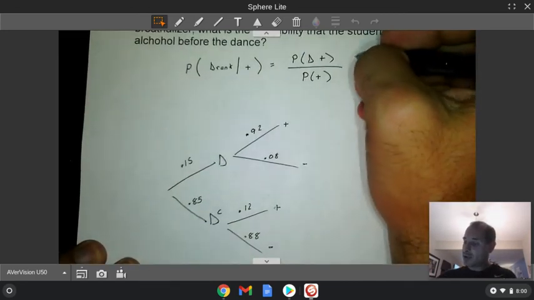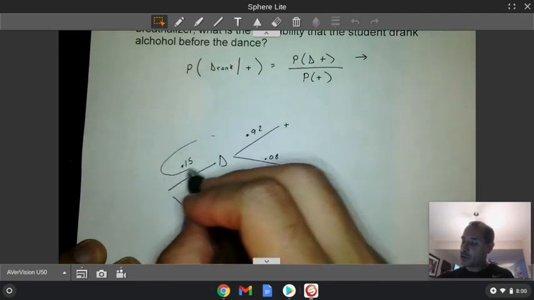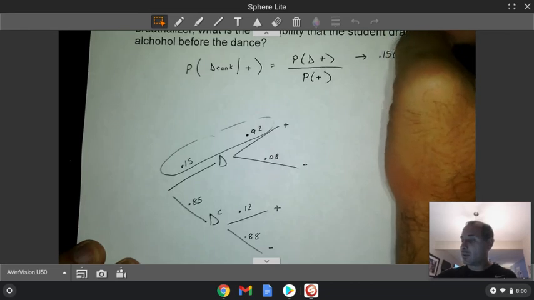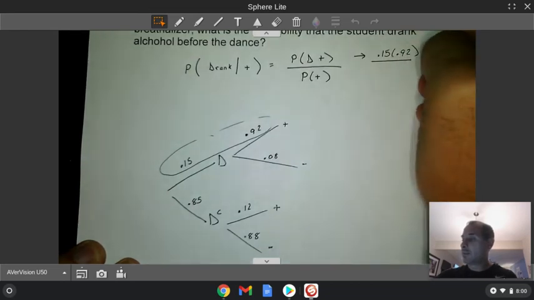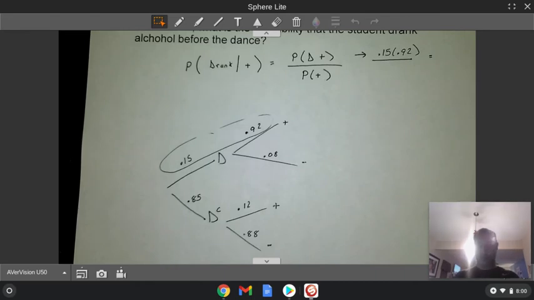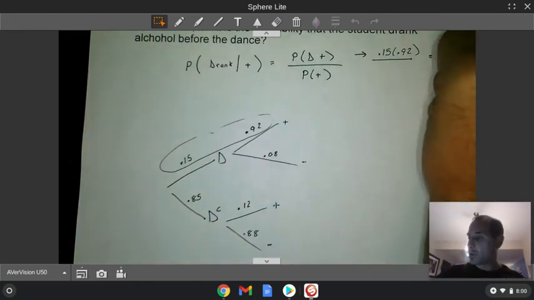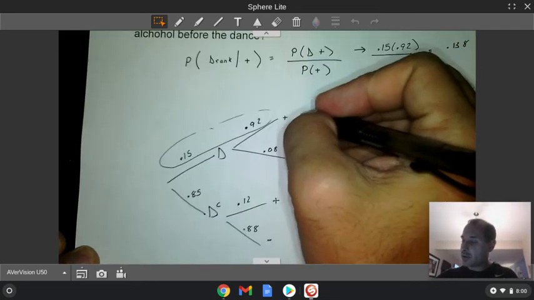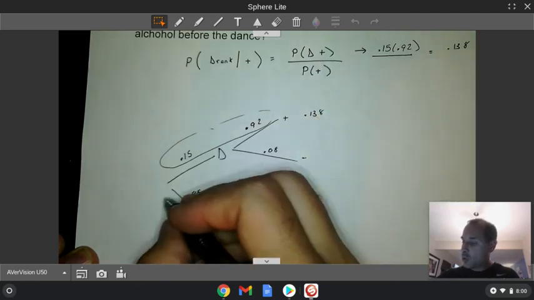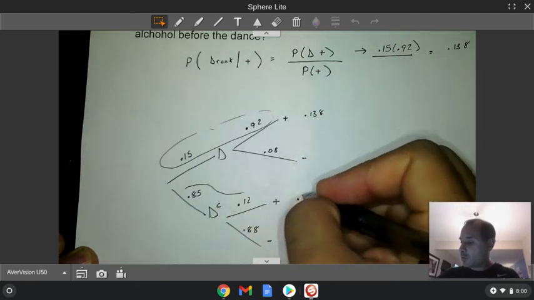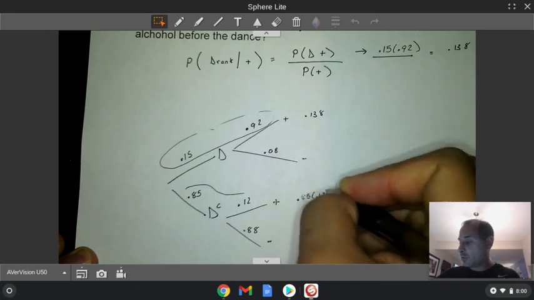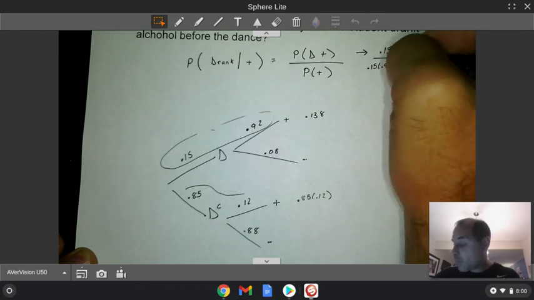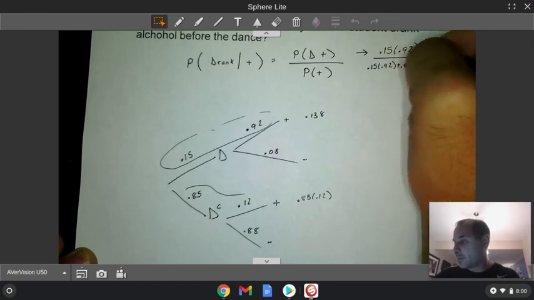So drink and positive is 0.15 times 0.92, which is 0.138, divided by positive, which is either here, which is 0.138, or here, which is 0.85 times 0.12. So 0.15 times 0.92 or 0.85 times 0.12.